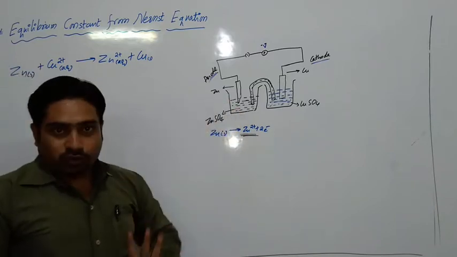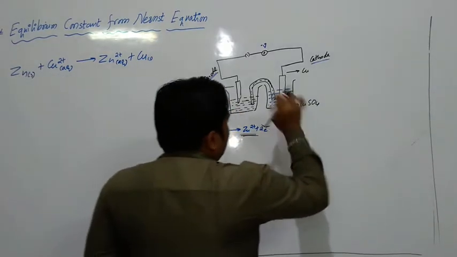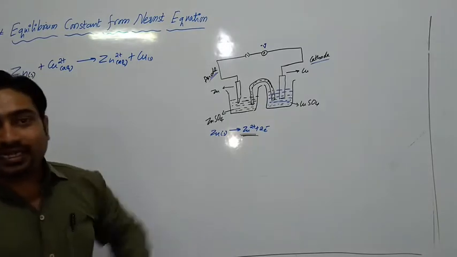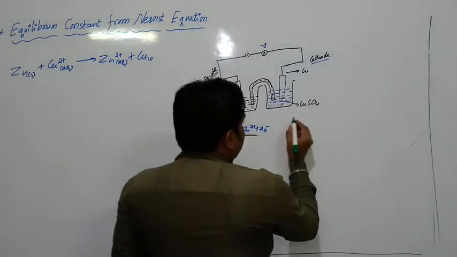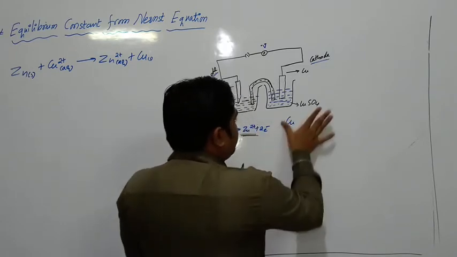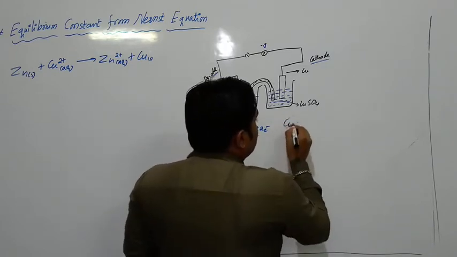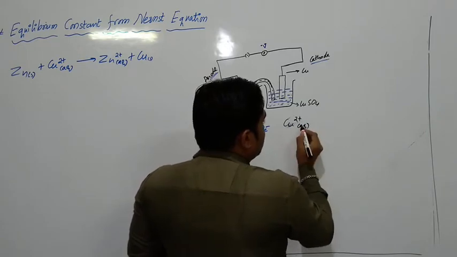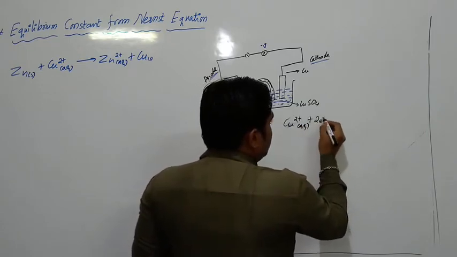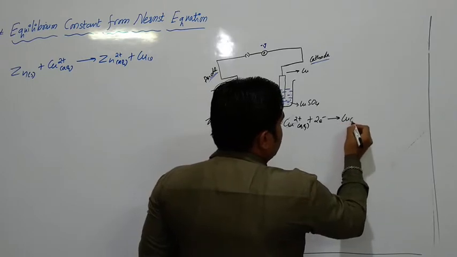Here what happens on the cathode? On the cathode the reduction reaction takes place: Cu2+ plus 2 electrons gives Cu.